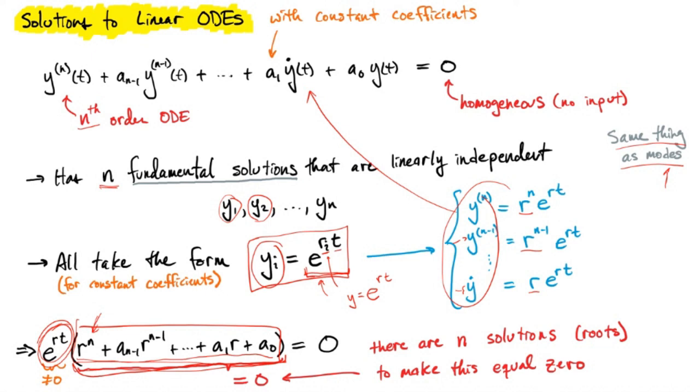And so the zeros of this polynomial end up being the entries here, the parameters that characterize all of the n different solutions. Just like these can be real or complex, these values here can be real or complex.